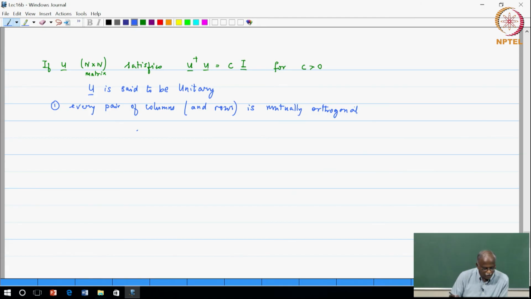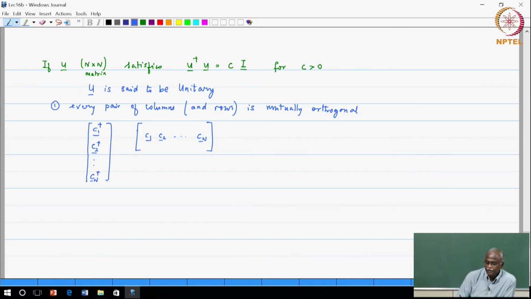Okay. Now, how does it manifest itself? If you write down the columns as C1, C2 up to Cn, these are column matrices, and what does the basic result say? U transpose conjugate: C1 column, you do transpose conjugate, it becomes a row vector, C2 dagger, up to Cn dagger.